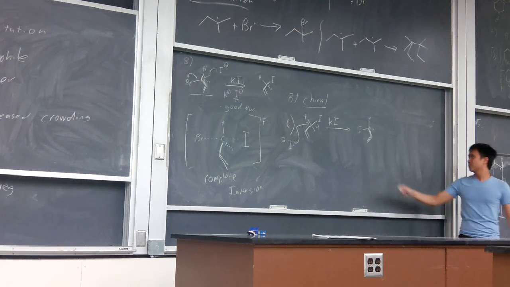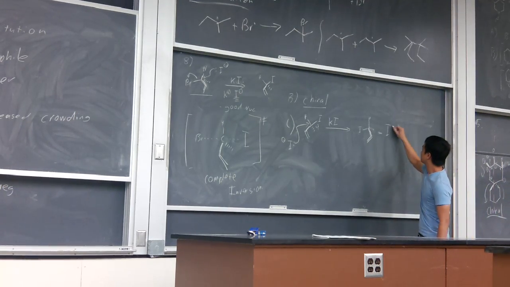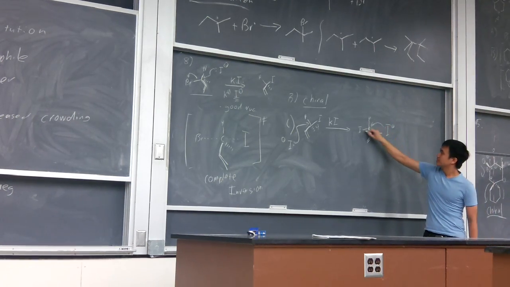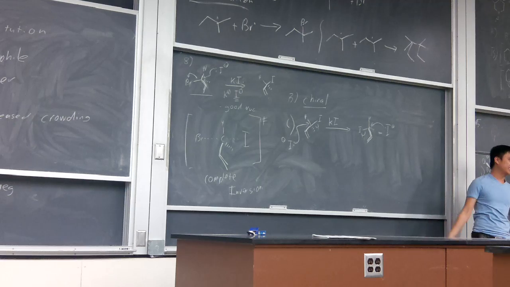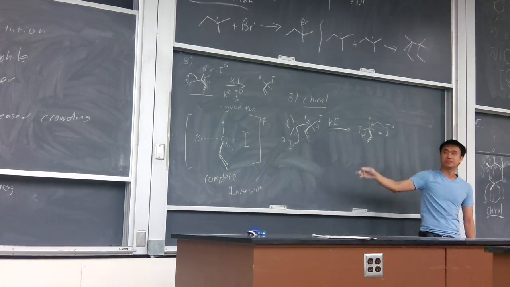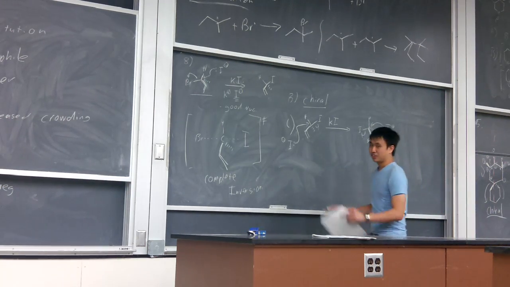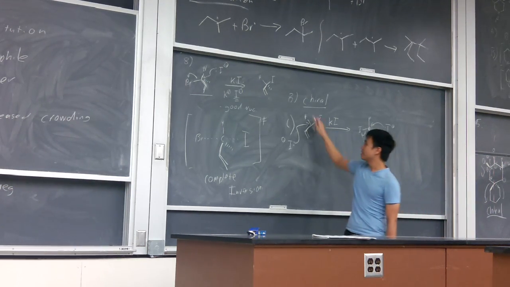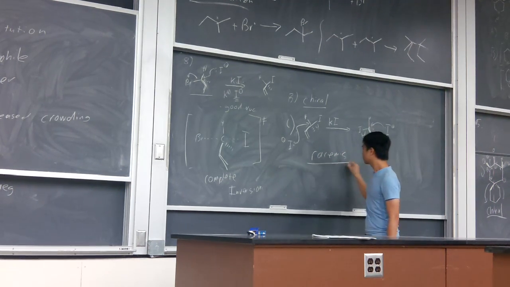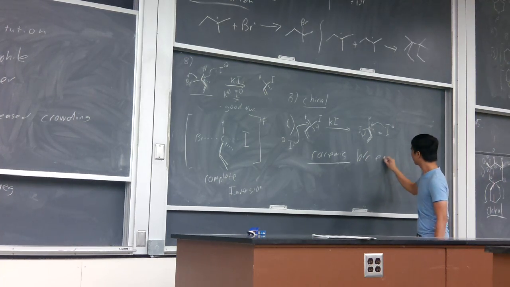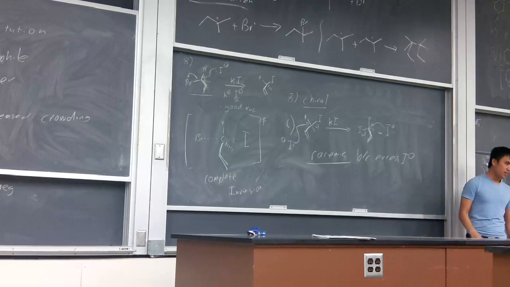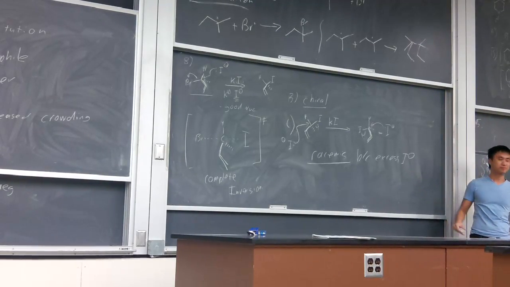And then you get I minus. What can happen again? Same thing, because now you're in excess. So it's going back and forth until you basically get a mixture of the two, which means that your solution is no longer chiral and is racemic. And this one is a thinking question.